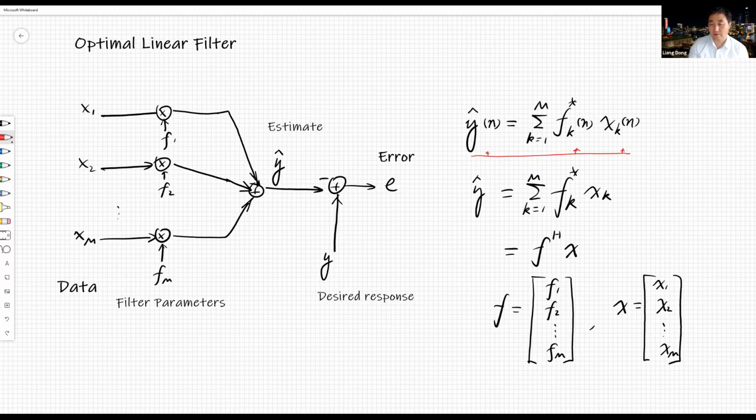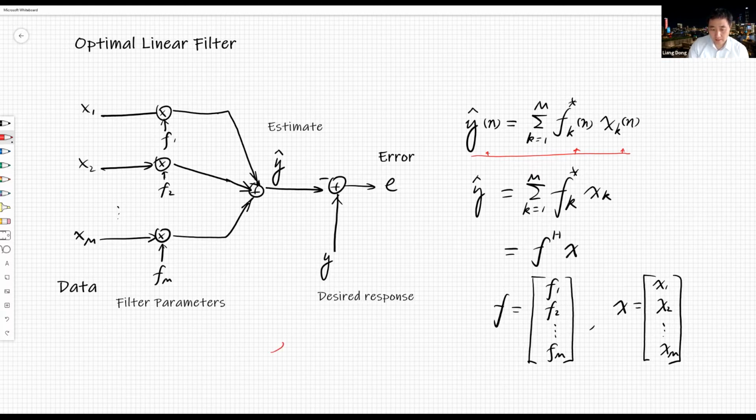That can be extended very easily to an equalizer, for a system inverse. We will see that detail later, but right now we just get a concept of what we are trying to do. And this y hat will be compared with a true y, the desired response.